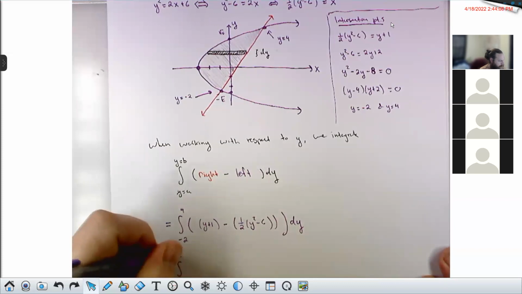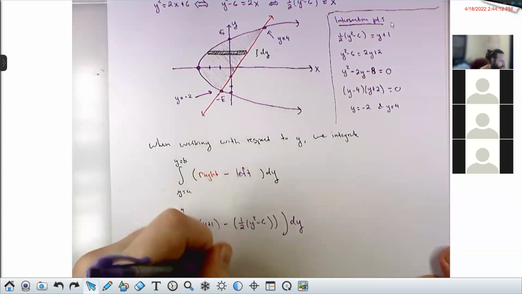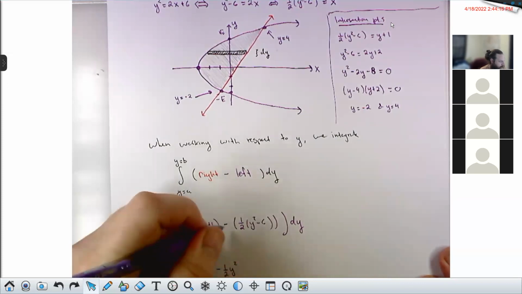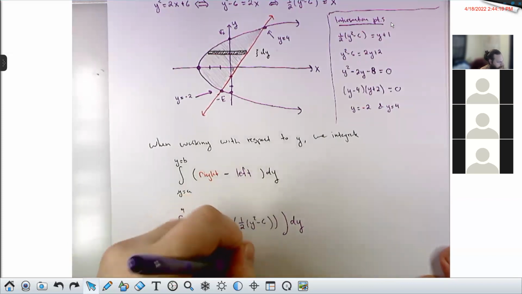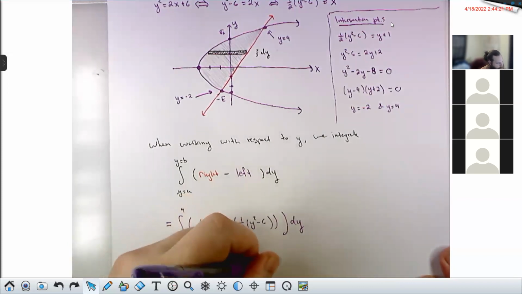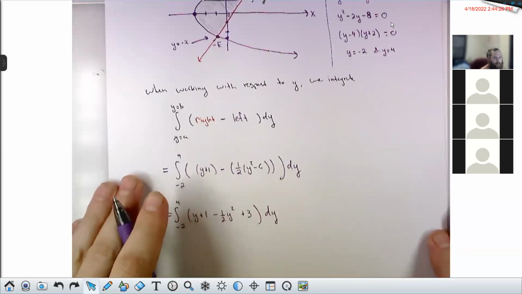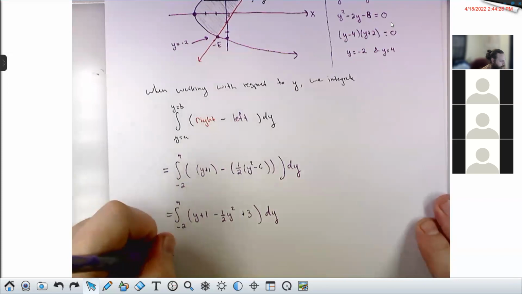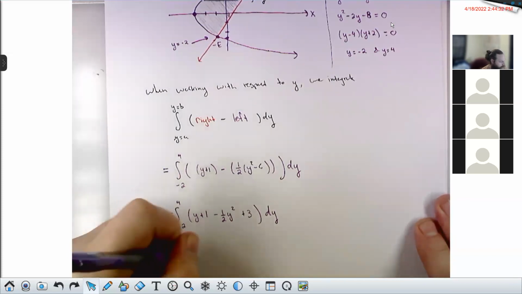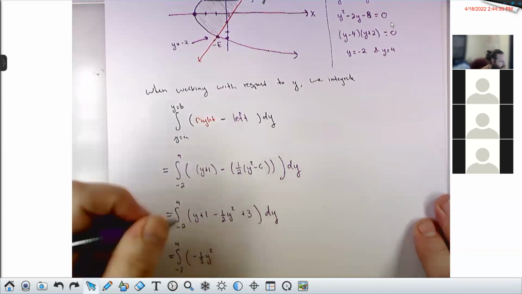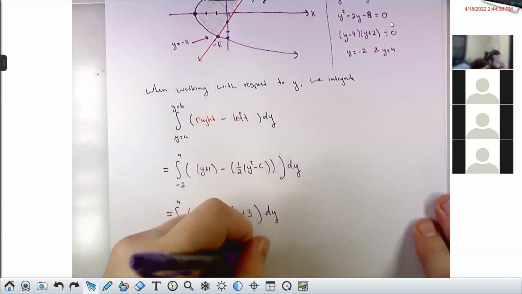Let's go ahead and do that algebra then. I'll have y plus 1 minus 1/2 y squared minus 1/2 times -6 is plus 3, dy. And then I like to put these in order and combine any like terms. You should at least combine the like terms. So this is -1/2 y squared plus y plus 4 dy.